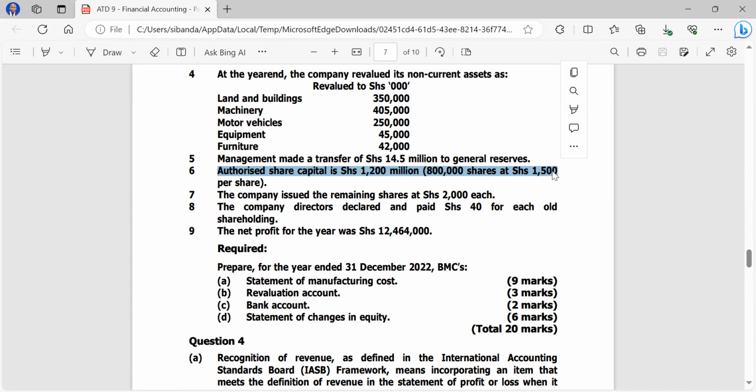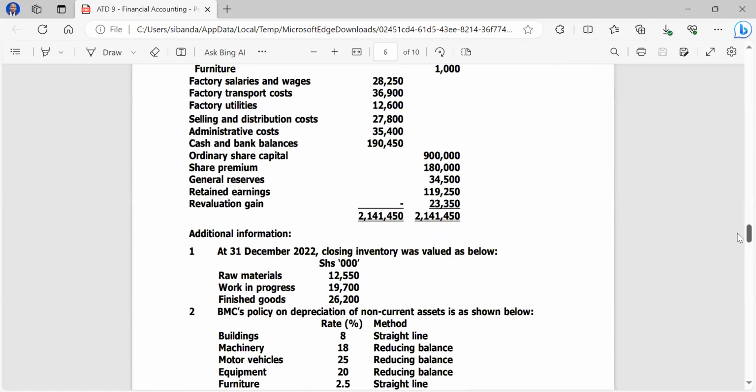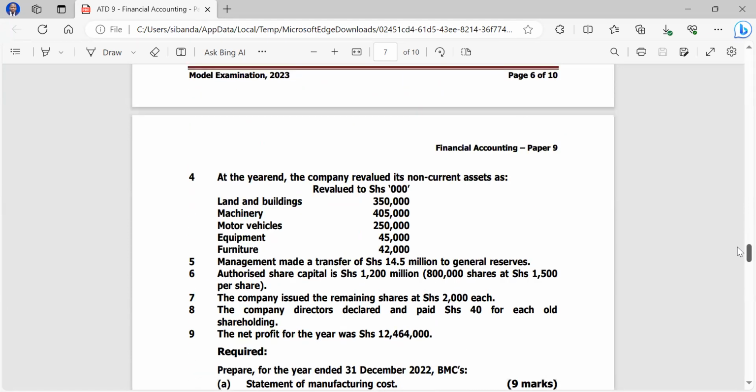The company issued the remaining shares at 2,000. Now remember, we already have some share capital here of 900,000. And they're telling us the authorized share capital is 1.2 million.